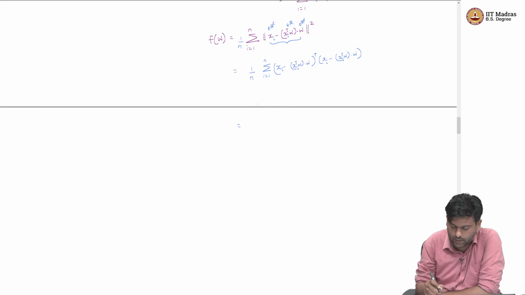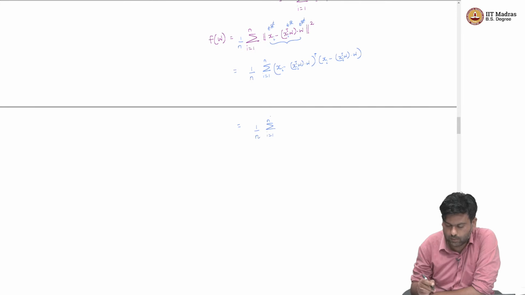Okay, so now I can expand this. I'm sure anybody who has done an MLF or a linear algebra course will know how to do this expansion, but I'll do it nevertheless.